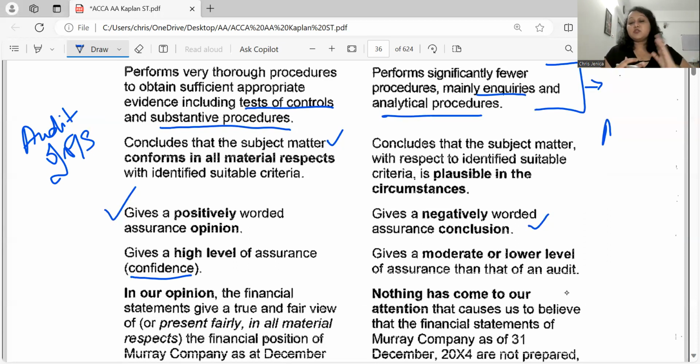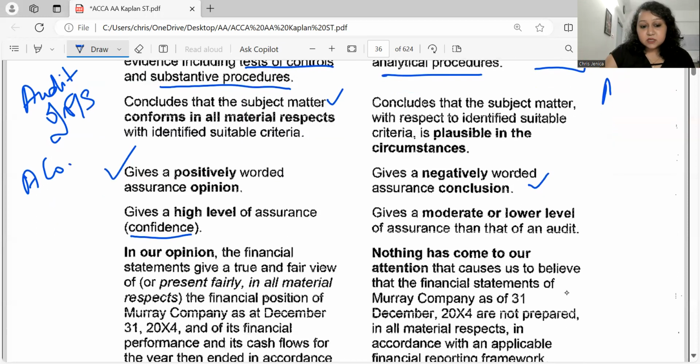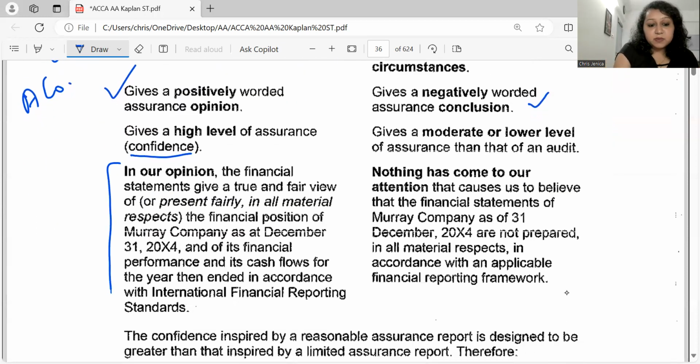That from the process of audit that we have performed, we are coming to an opinion or conclusion that the financial statements of a company are true and fair in all material respects, and they present. So this is the format in which we will be giving.